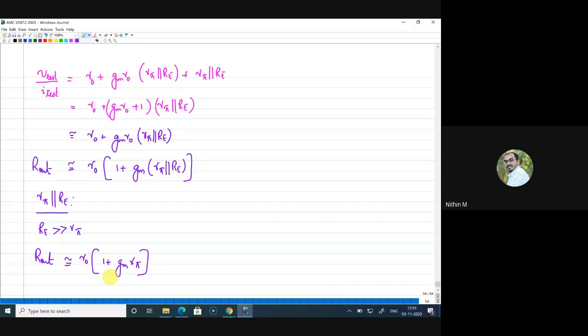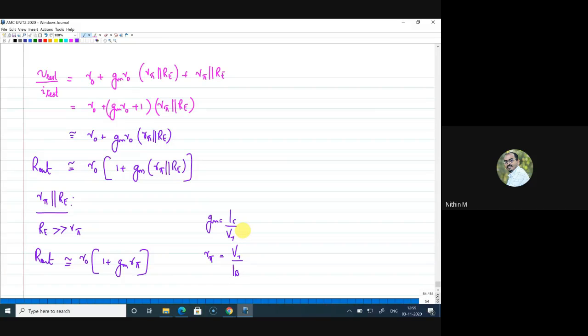Now what is GM into R pi? How can I write GM into R pi? If you remember, GM is actually IC by VT. What is R pi? R pi is VT by IB. So what is GM R pi? GM R pi is IC by IB, which is equal to beta. Yes, very good, Kirtana.